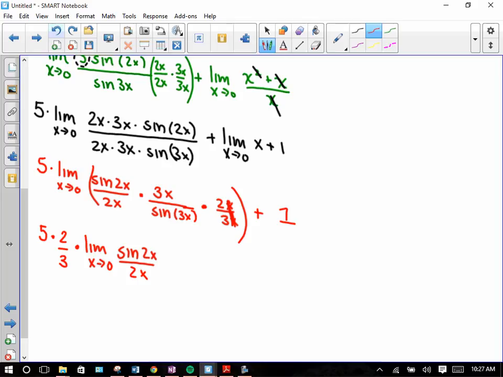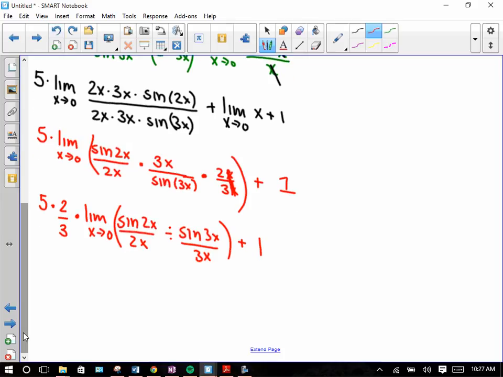Kind of, because instead of multiplying by this, I can divide by sine 3x over 3x. Multiplying by this is the same as dividing by the reciprocal. So then I have all that plus 1. Okay, we're done pretty much. 5 times 2/3 is what? 10/3.